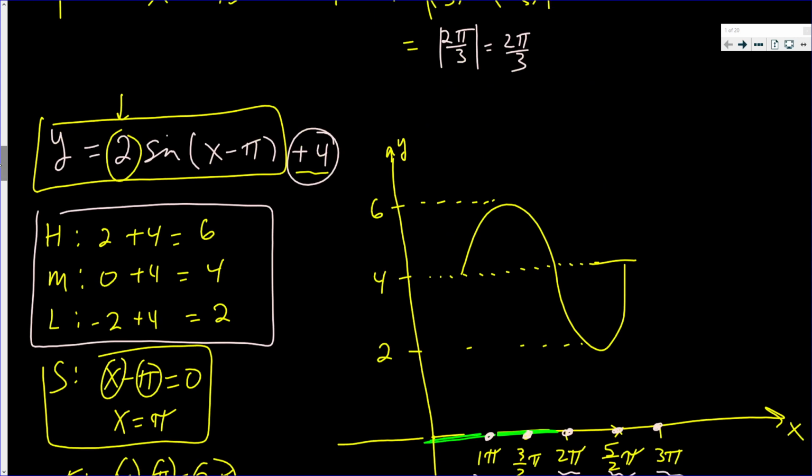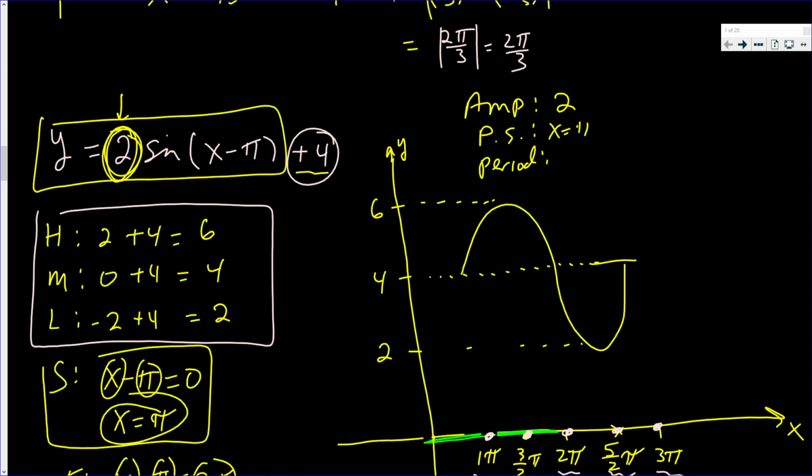For the last one, what's the amp, the phase shift, and the period? Well, the amp is the absolute value of that number. The phase shift is where the graph starts, x equals pi.